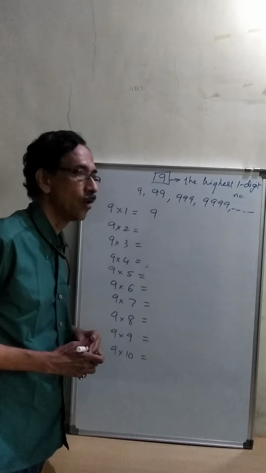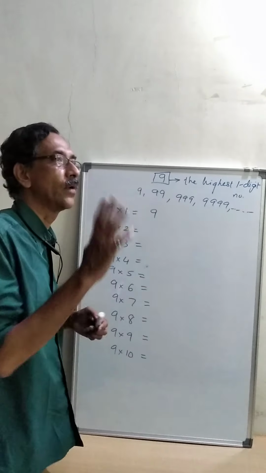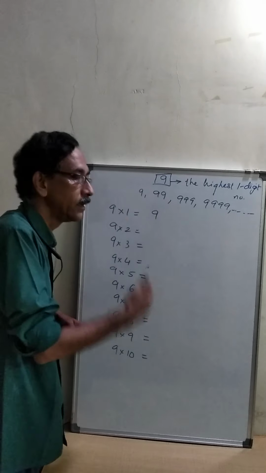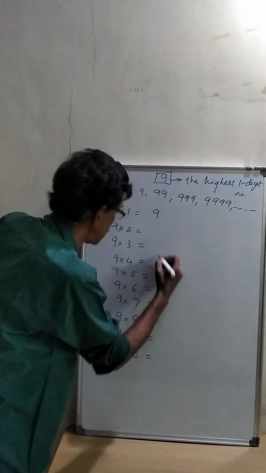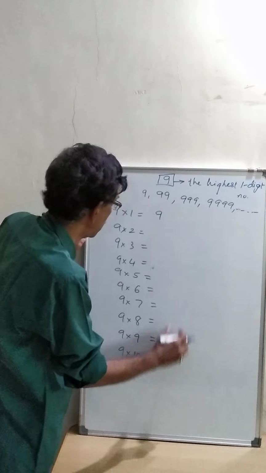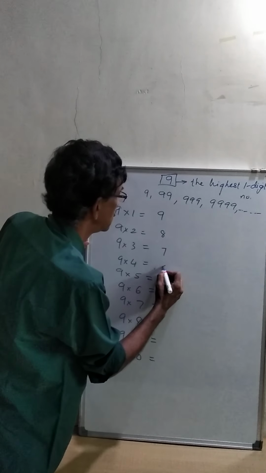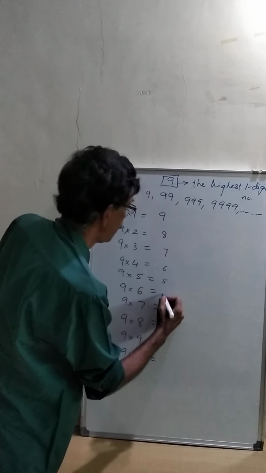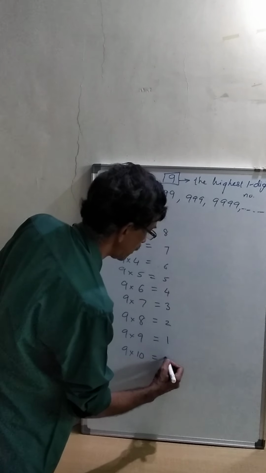Maybe your teachers in school have told you at some point that the easy way of writing the 9 table is you first take the ones digits in the answer. So 9, then you have 8, 7, 6, 5, 4, 3, 2, 1, 0 last.